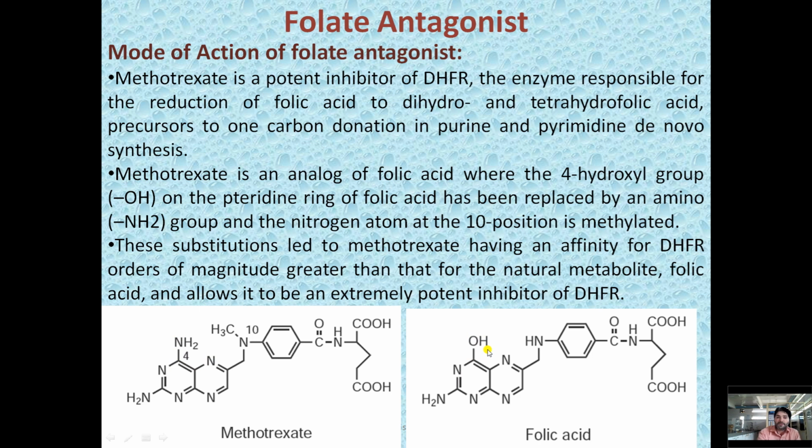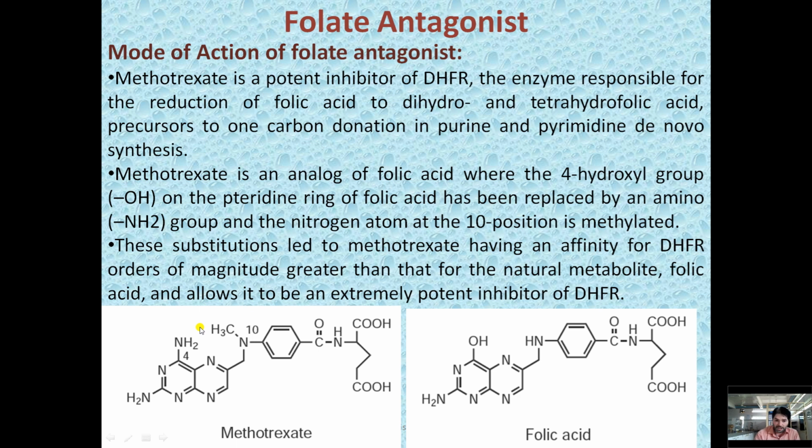So, the hydroxyl group is replaced by the amino group, and in addition, the nitrogen atom at the 10 position is methylated. You can see the nitrogen here, this is the 10 position. It is methylated, while in folic acid it is protonated. So, there is a secondary amine in folic acid, and in methotrexate there is a tertiary amine.